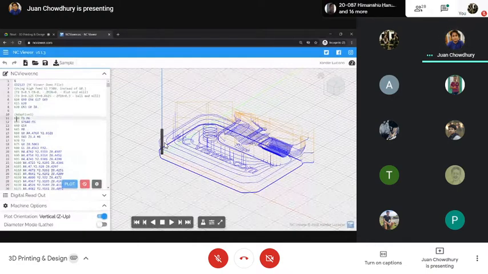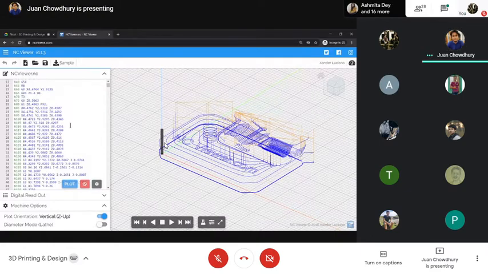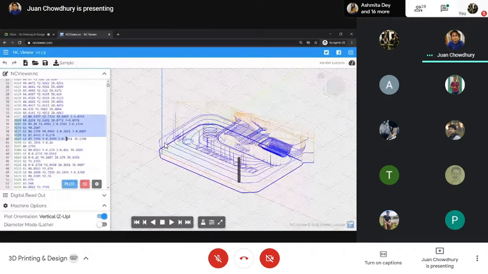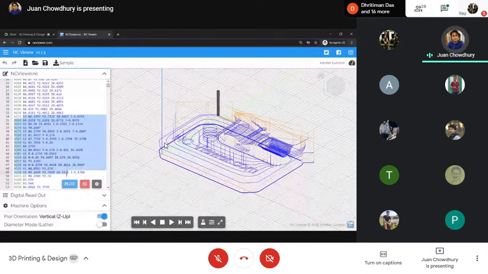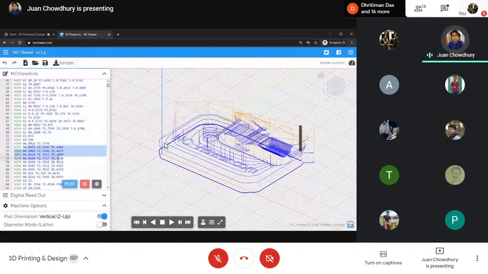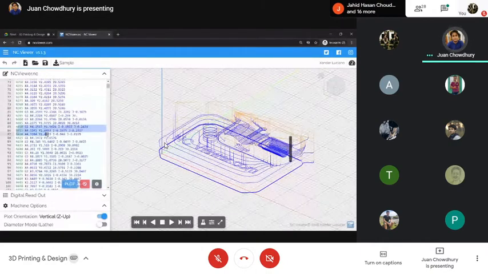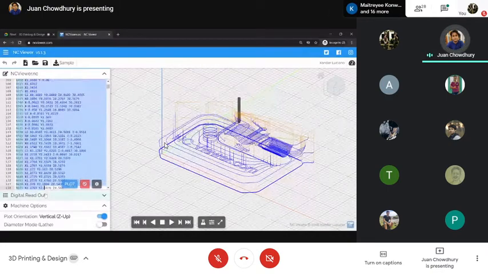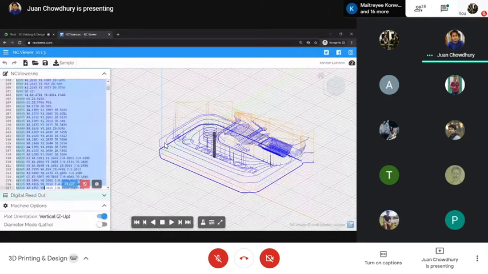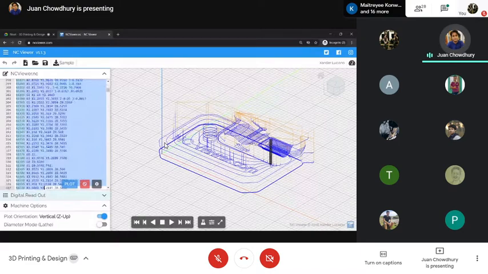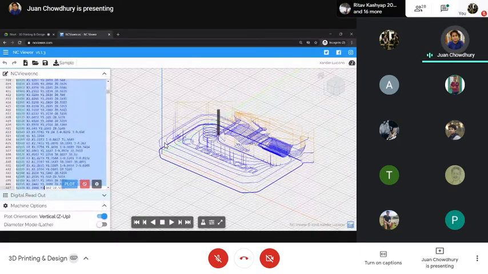If you remember, G90 is the absolute system, not incremental, and all these coordinates are mentioned. As I move the cursor sequentially, you will see the tool keeps moving. So this is a simulator of how your extruder will move.